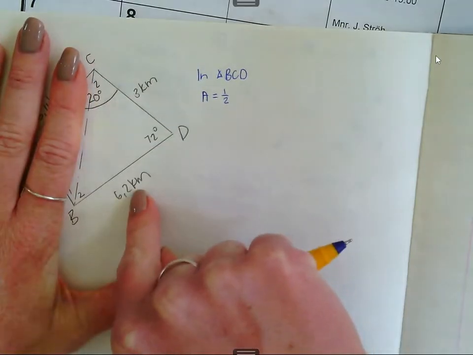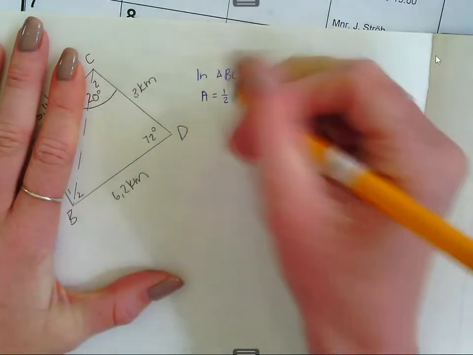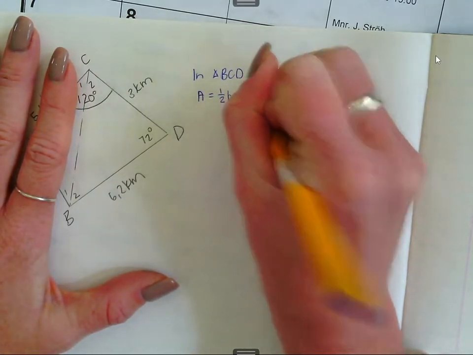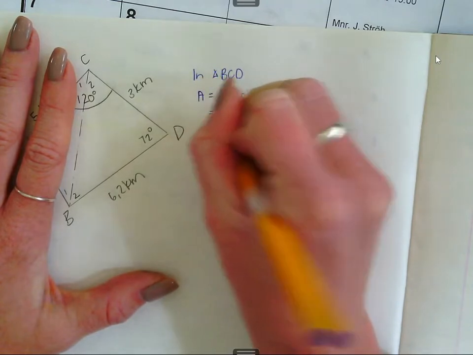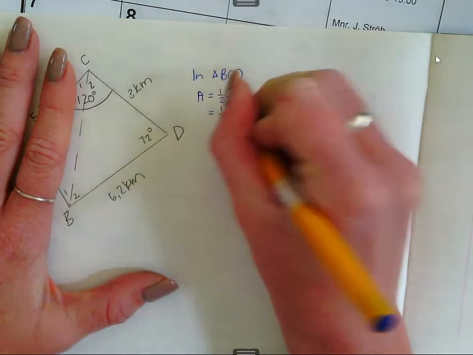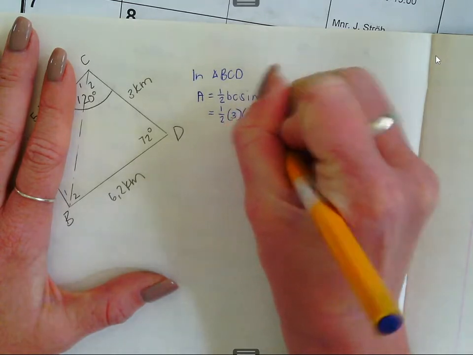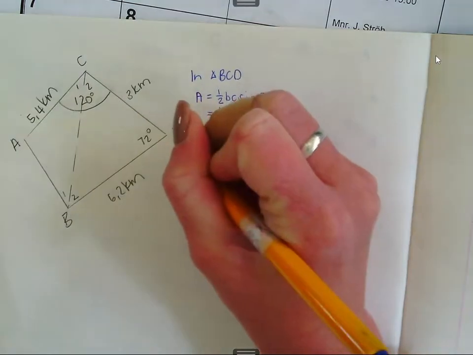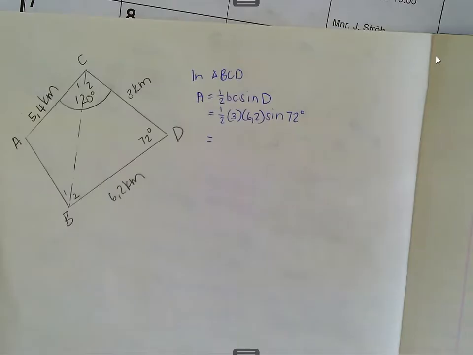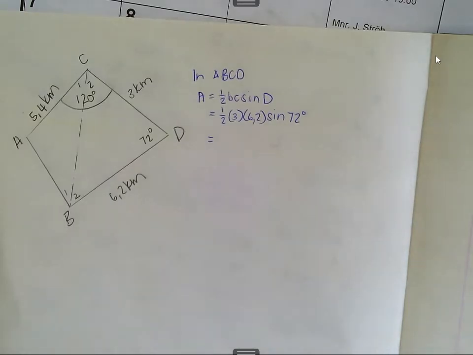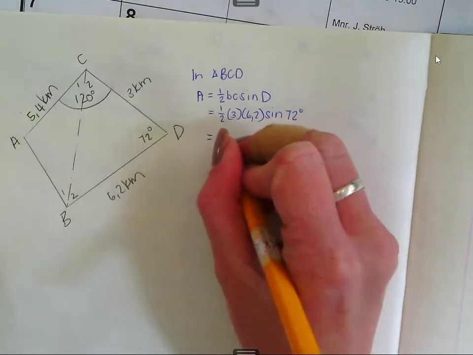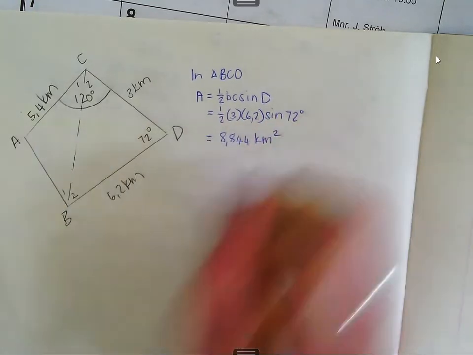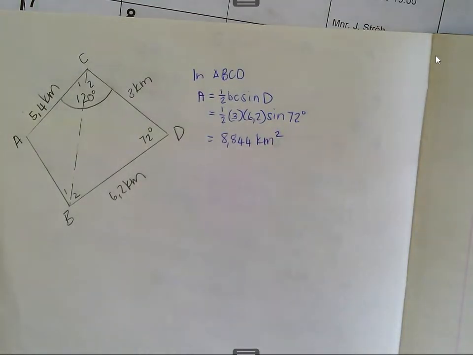So this is side C, this is side B, and angle D. So it's a half BC sin D. So it's a half times 3 times 6,2 sin 72 degrees. And then you get an answer of 8,844 square kilometers. Do you agree with that? Yes. No problem there.